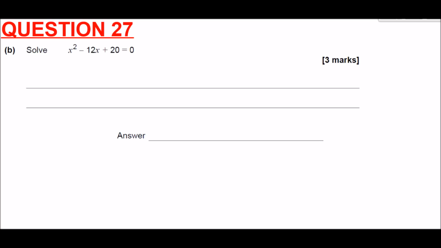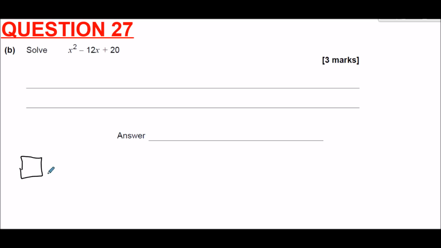Part B, we need to factorise this here quadratic. So what I'm going to say first of all is we can ignore the equals 0 at first. So let's just focus on factorising into brackets this expression here. Now the way we do this is we need to think of a pair of numbers.